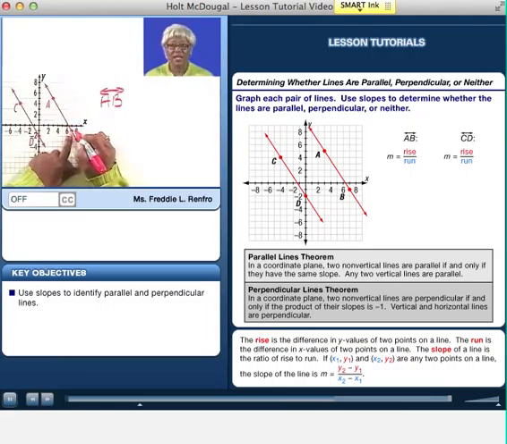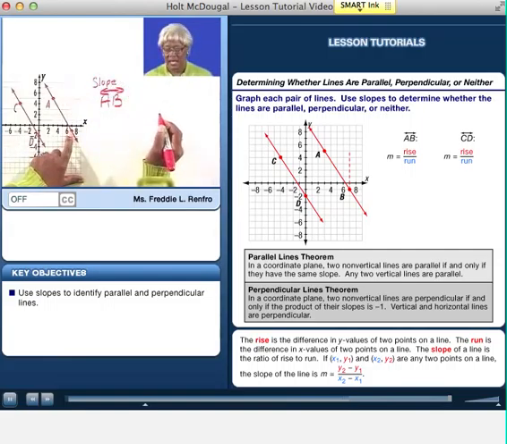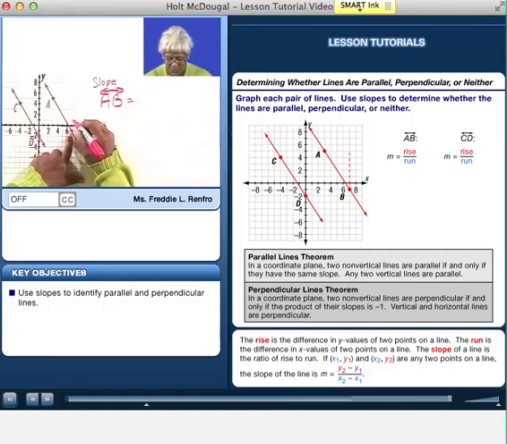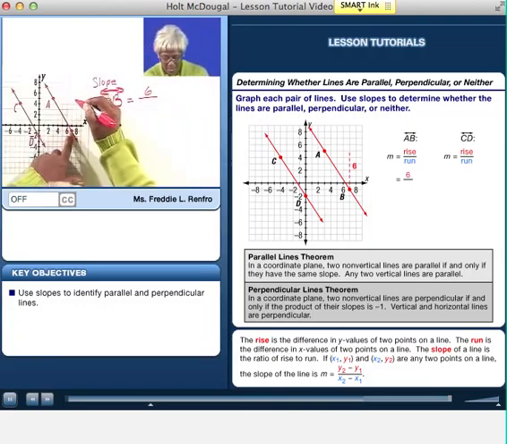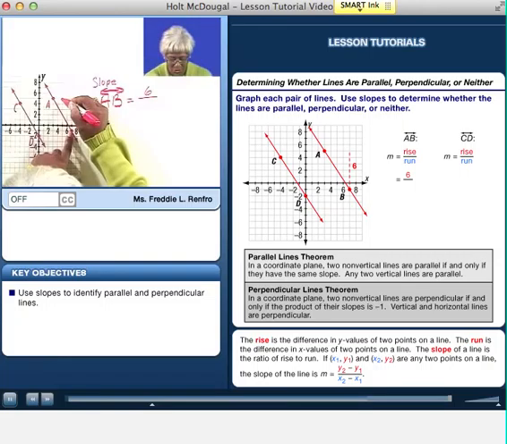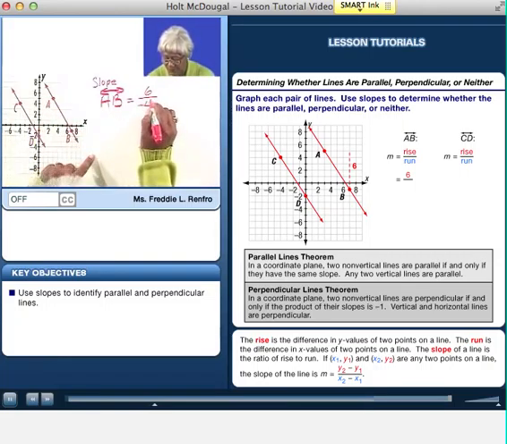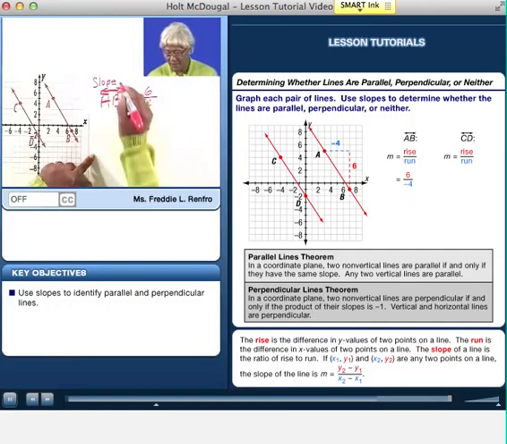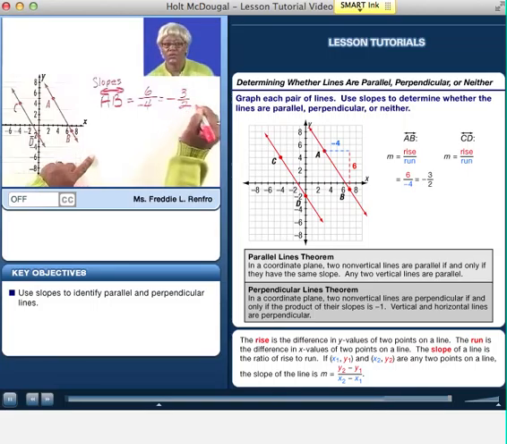So the slope for line AB, 1, 2, 3, 4, 5, 6, the slope of line AB is equal to 6, this is your rise, over run, 1, 2, 3, 4. But notice it's -4. When you simplify, that's equal to -3 over 2.